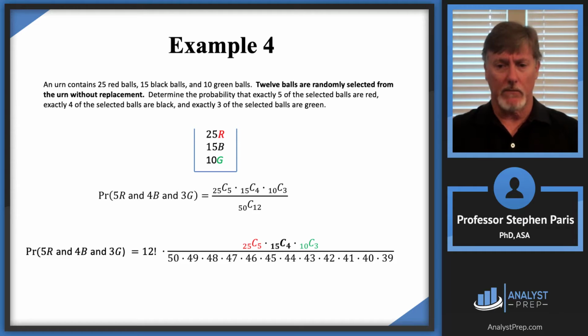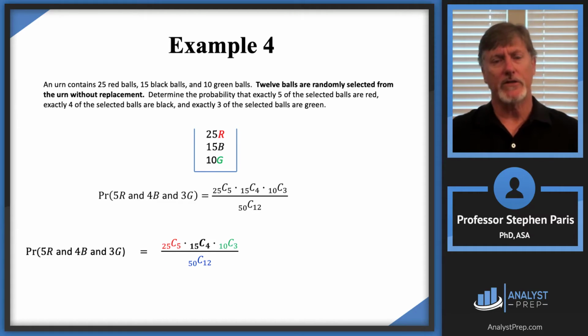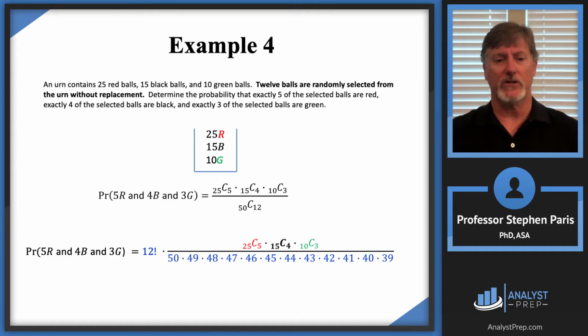I'll again leave it to you to show that the 12 factorial that I've highlighted in blue, if I group that with the denominator, becomes the 50 choose 12. When you write out 50 choose 12, it'll be a fraction, so you have a fraction in the denominator, and when you simplify that complex fraction, you'll get exactly what's shown here.